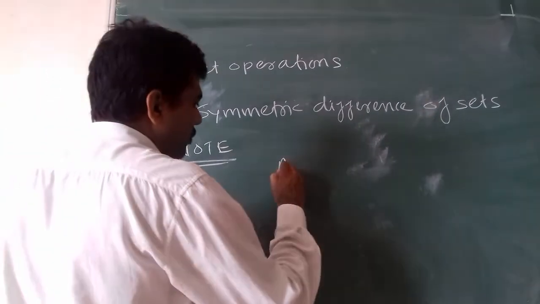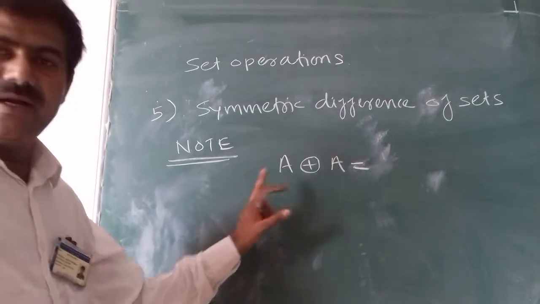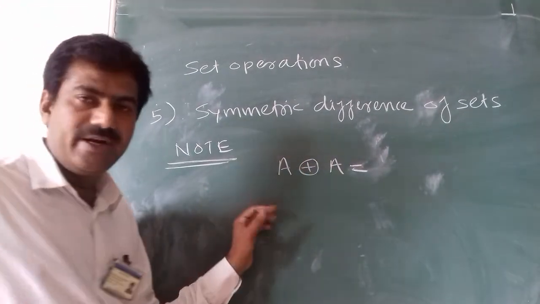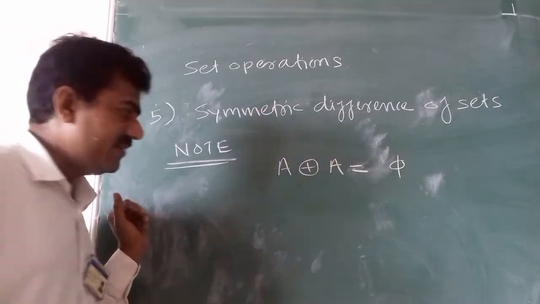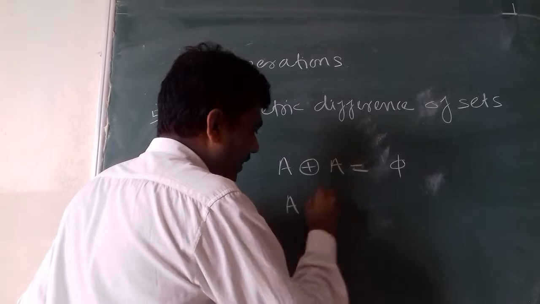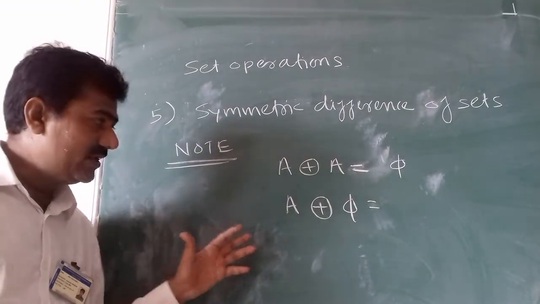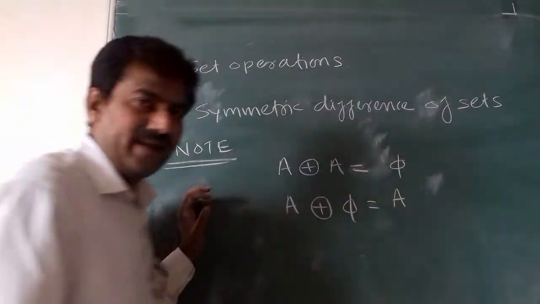So A symmetric difference A, that is, the common elements we need to remove. So the result of this will be what? Phi, because both are the same set. Next, A symmetric difference phi. What will it contain? Obviously it will contain the set A.